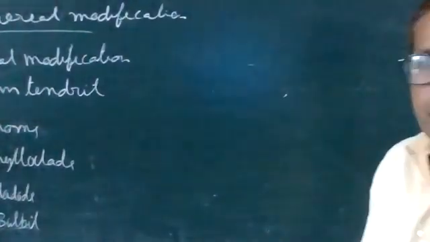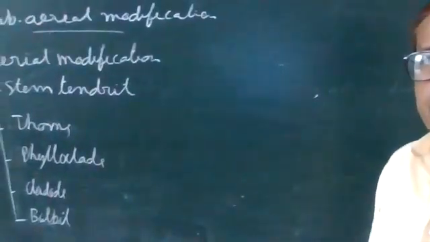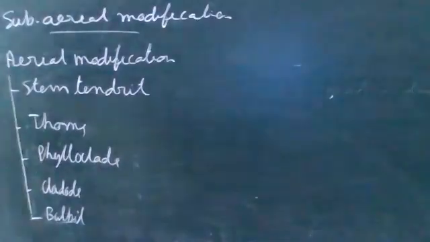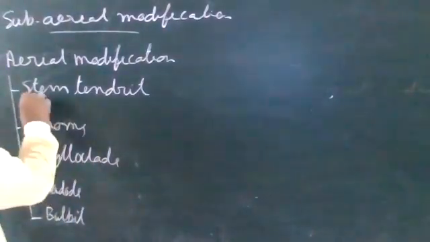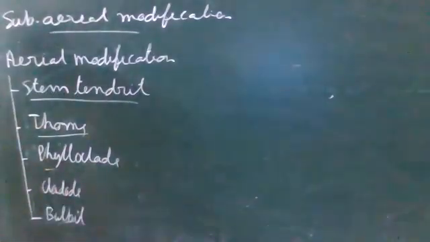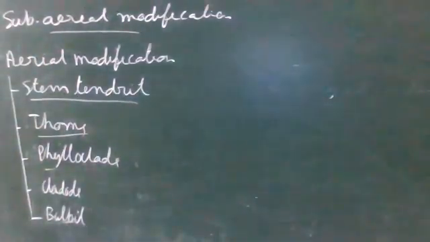These are the different types of stem modifications. In aerial stem modification, one is stem tendril, then thorn, phylloclade, cladode, and bulbil.